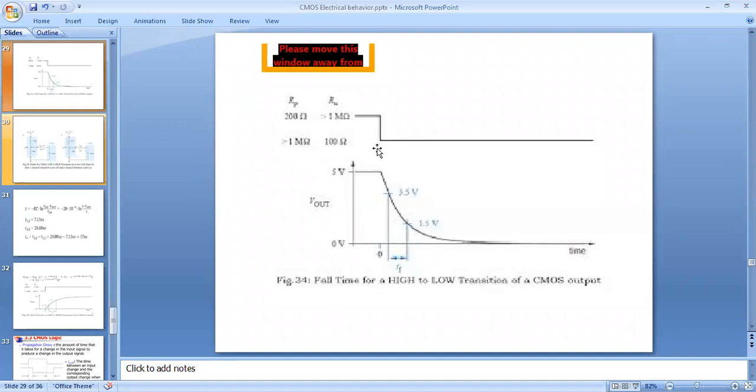The fall time is the time required to change from high state to low state. At t equal to 0, the circuit changes from high state to low state.